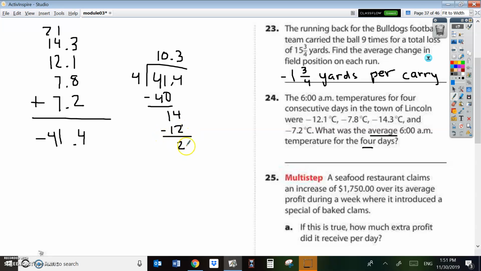Subtract, we get 2, bring down a 0, 5, and then make it negative. So what was the average 6 a.m. temperature for the 4 days? Negative 10.35 degrees Celsius.